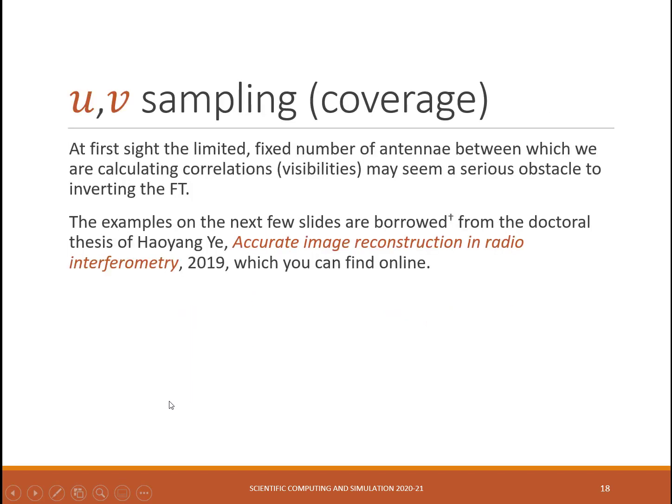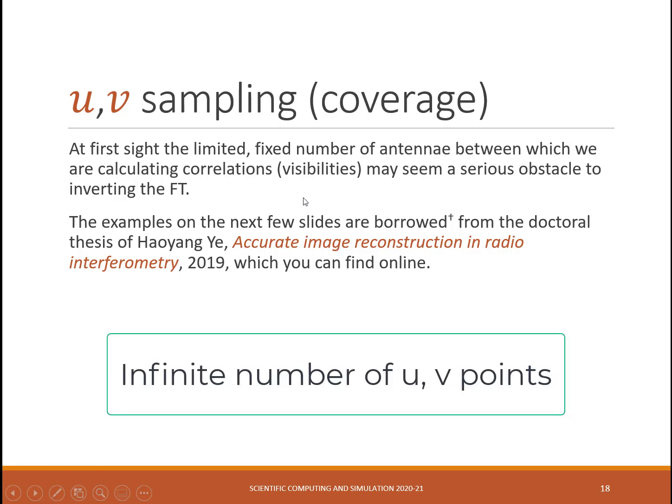To create an image using the series in slide 17, it is necessary to measure the visibility function for all possible U and V points. In fact, good image quality requires a broad set of U and V samples.